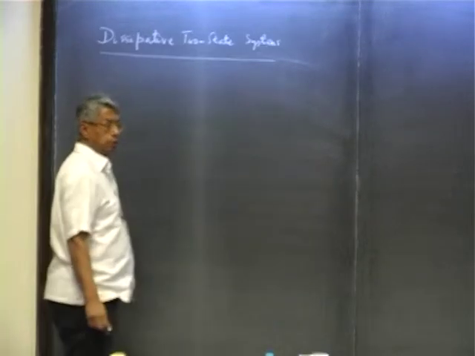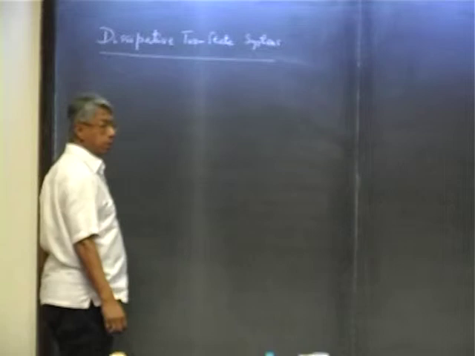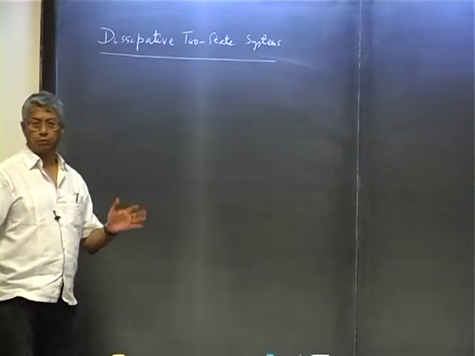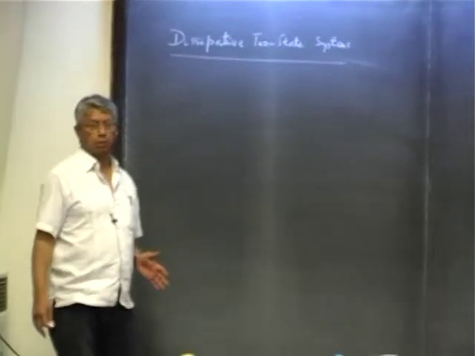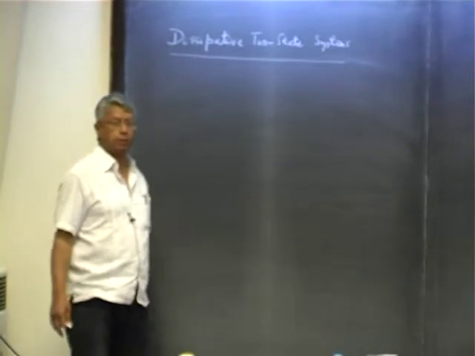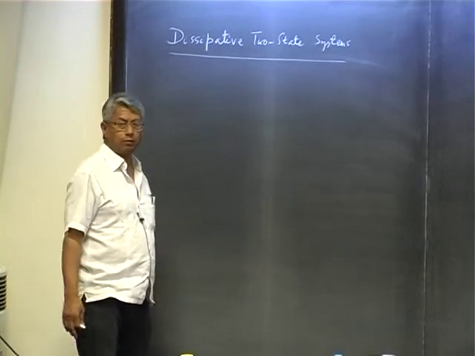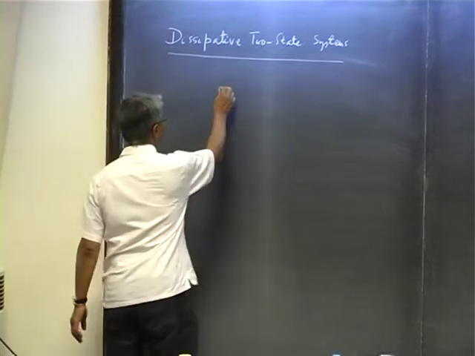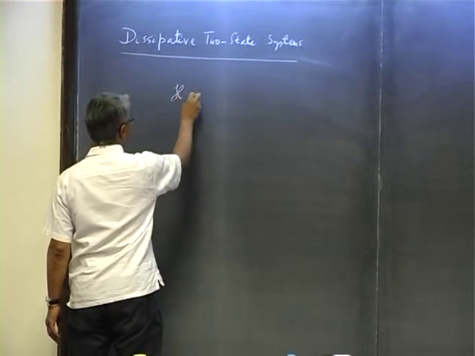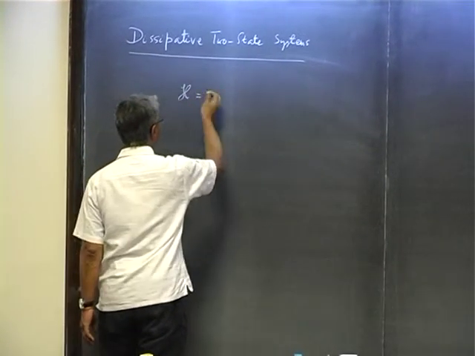So we have a general situation where you have a Hamiltonian, which is perfectly genuine, innocent. It is Hermitian, therefore it has unitary evolution.